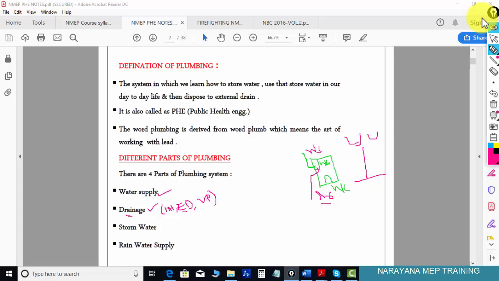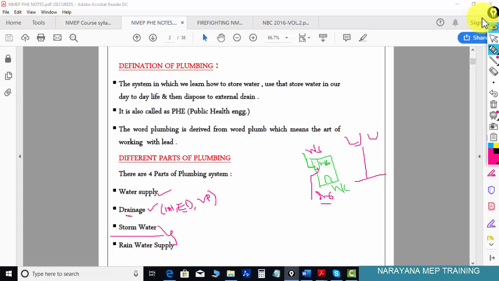Next is storm water. Third and fourth are storm water and rainwater supply. Most people have a doubt about these two. What is the difference between them? Most people think these two are the same, but there is a lot of difference between storm water and rainwater.